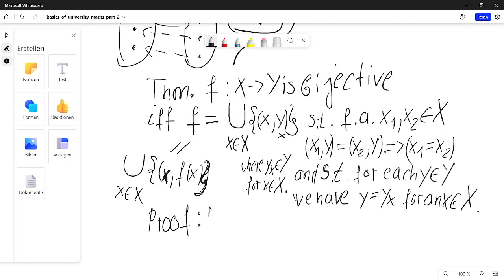So proof. Okay, let's write something for it, even though it's trivial. Define y_x equal f of x.